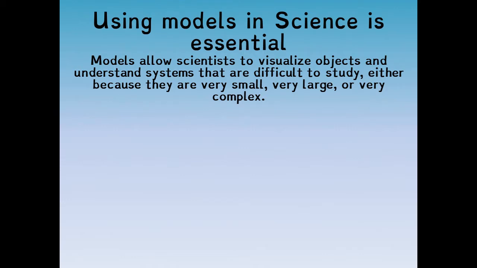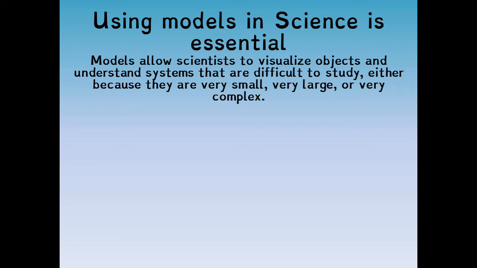Models allow scientists to visualize objects and understand systems that are difficult to study, either because they are very small, or because they are very large, or because they are very complex.